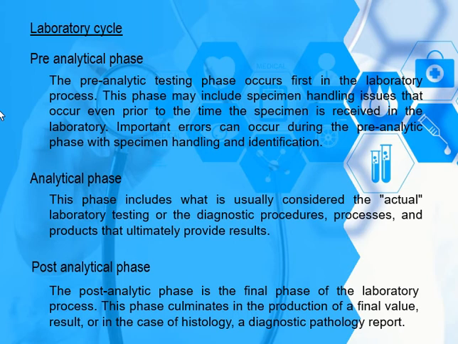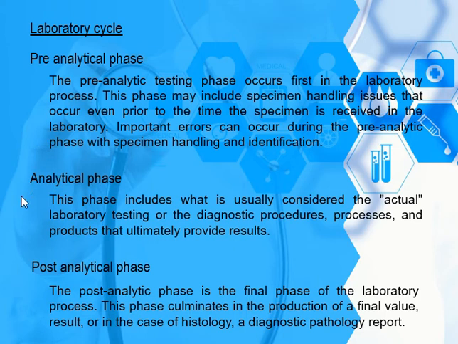So I go further into the laboratory cycle. The pre-analytical phase occurs first in the lab process. This phase may include specimen handling issues that occur even prior to the time the specimen is received in the lab. Important errors can occur during the pre-analytical phase with specimen handling and identification.